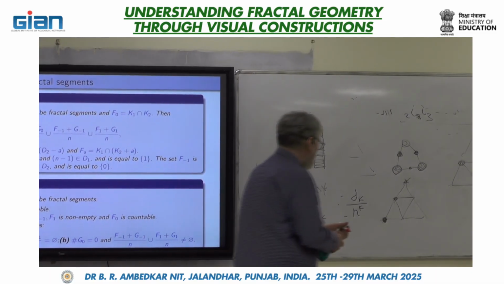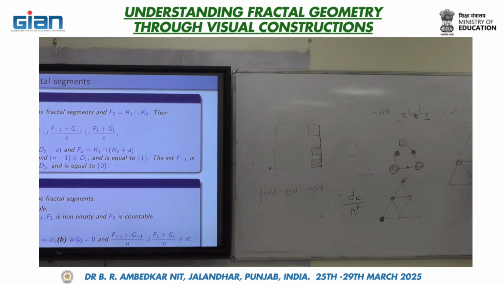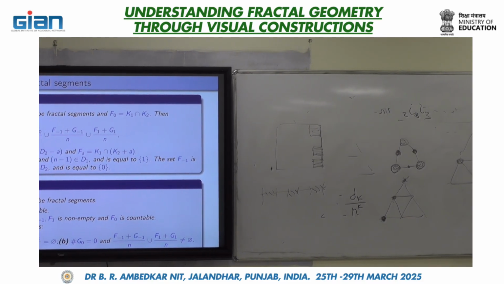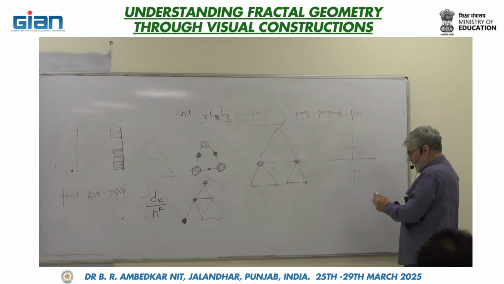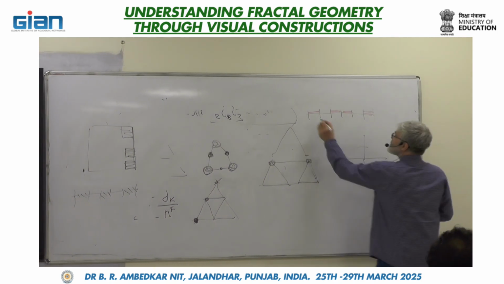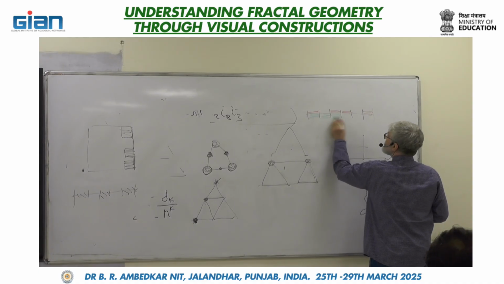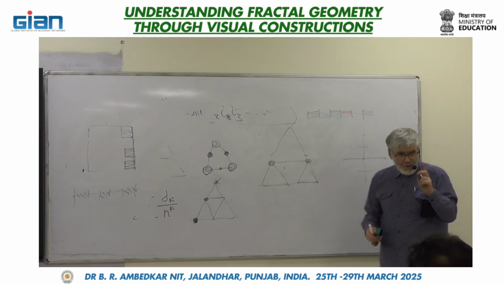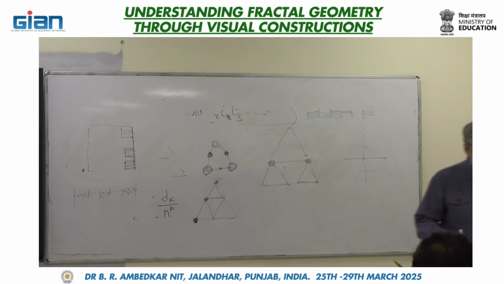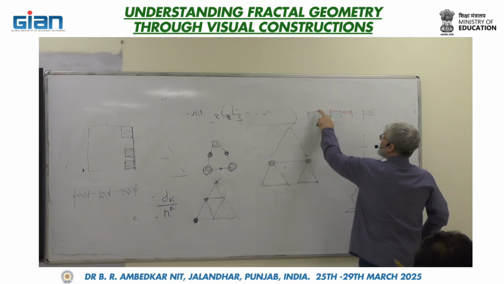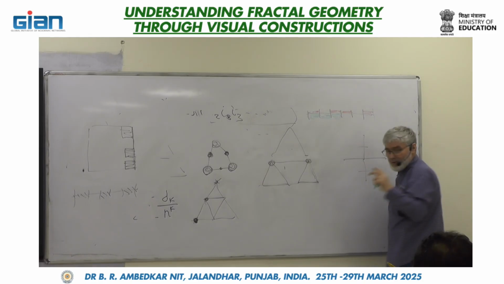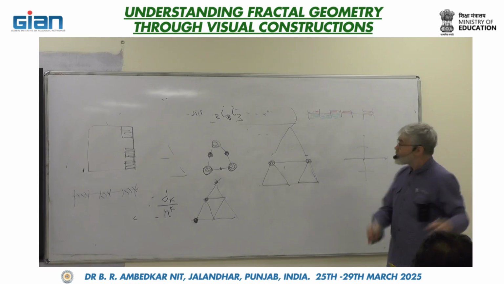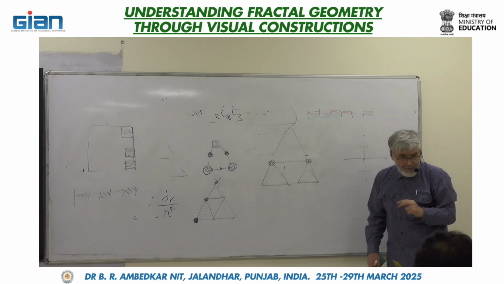One segment will be marked by red lines, maybe this one, and the other segment will be marked by green lines. Say this, and this. So some of these parts will be common, and some of these parts can intersect in n points. So if you have more than one common part, then the intersection will be a Cantor set.